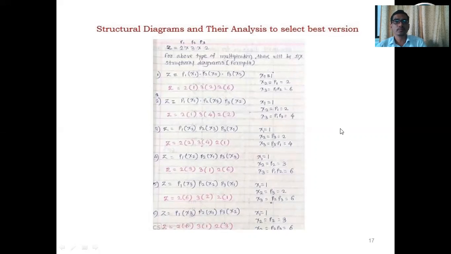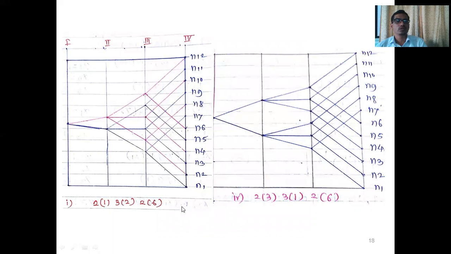Now we have to draw the structural diagram for each and every structural formula. Now this is the structural diagram for the structural formula 2, 1, 3, 2 and 2, 6. Here you can observe that the number of horizontal lines is 12, which is equal to the Z value.